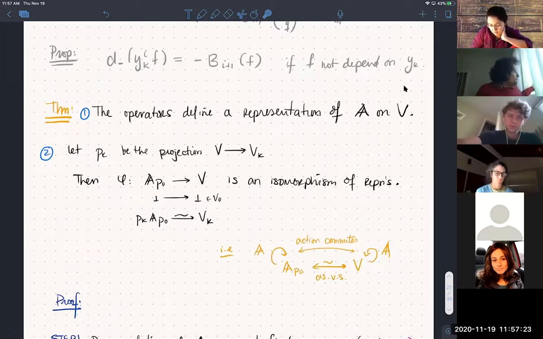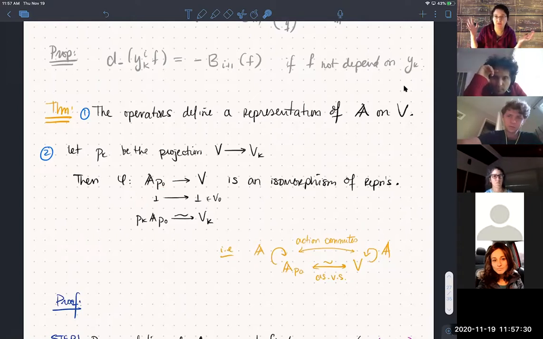You take V, my direct sum of vector spaces VK, and act on them by all these operators, and then you project down onto V0. So you basically project all these operators down onto symmetric functions and forget all the y's. You take a bunch of elements that are really just symmetric functions, take the span of these things, and you get a vector space. That is what AP0 is. So that is isomorphic to V.